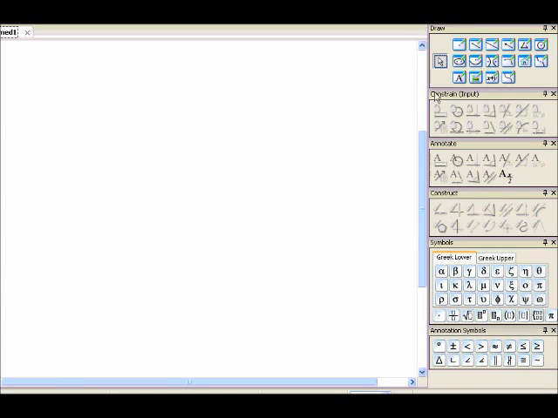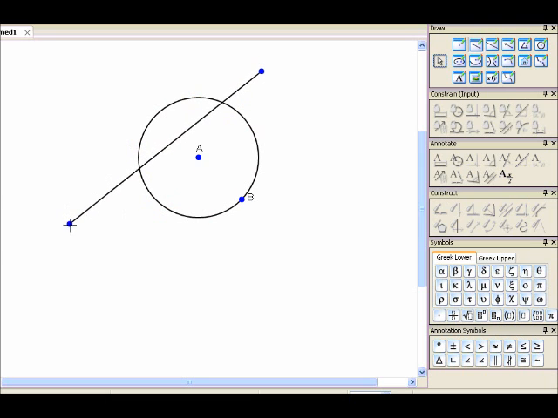So let's start out with a circle. And I want to have a tangent and a secant drawn in this circle. So here's a secant, and I'm going to make that so it's tangent.